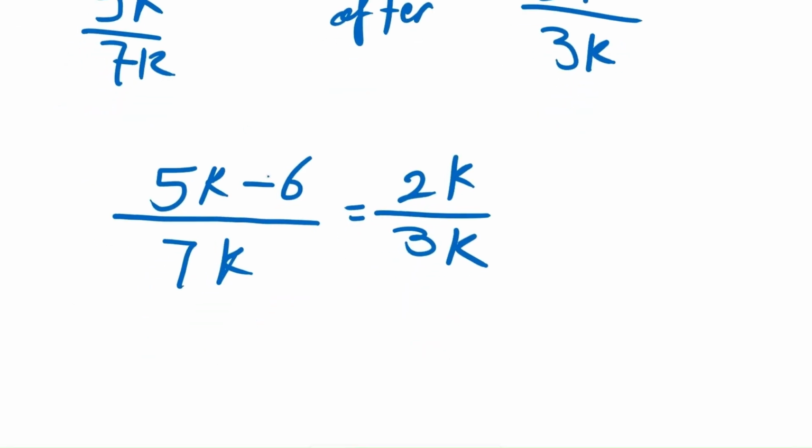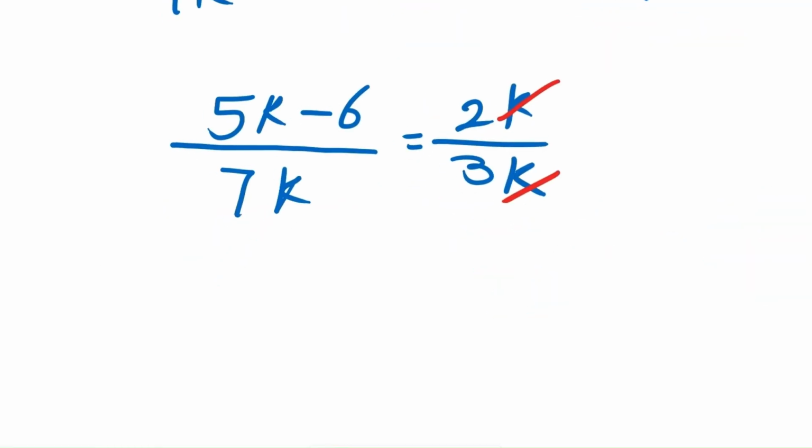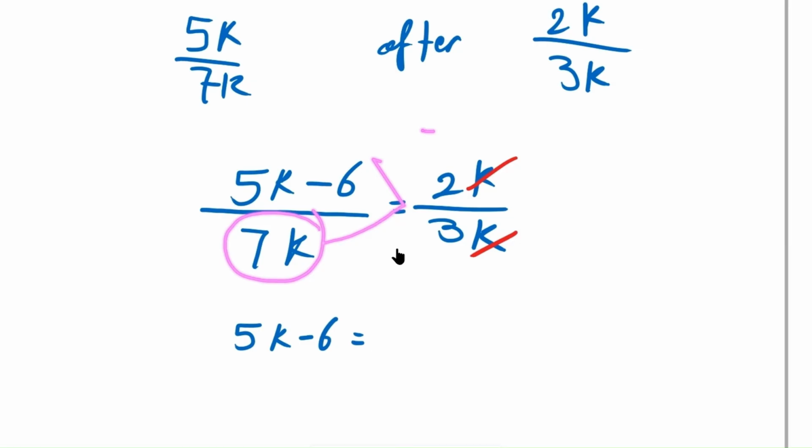Now let's look here. It's k in the top and k in the bottom, so we can cancel each other, k and k. And then we can rearrange. So 5k take away 6 equals, we bring 7k over to the other side as times, so this will make 7k times 2 over 3.